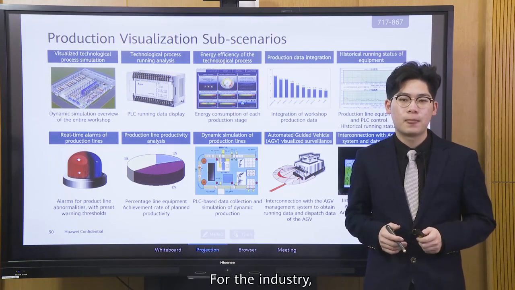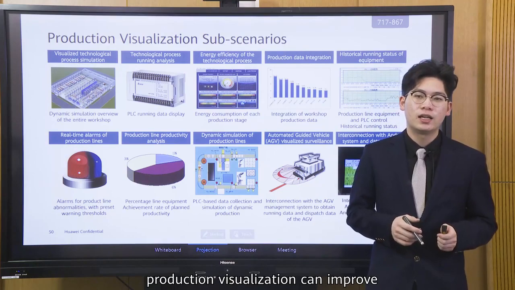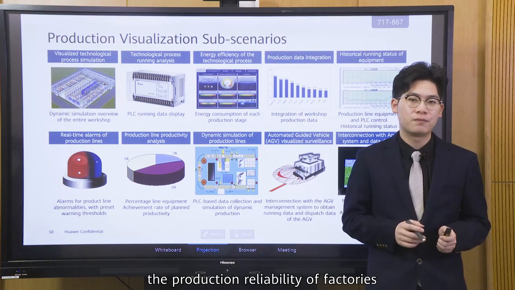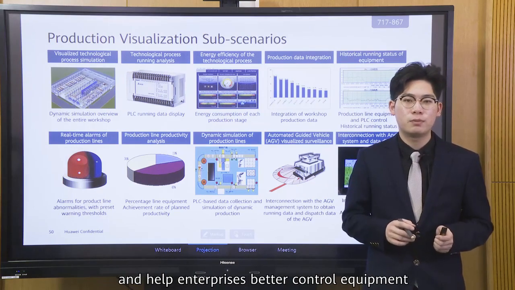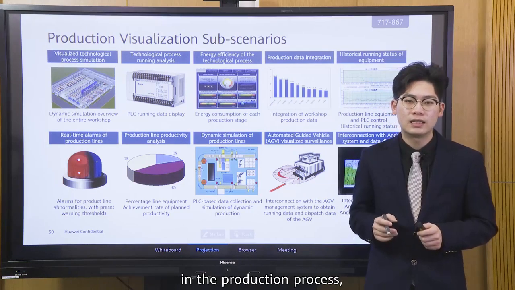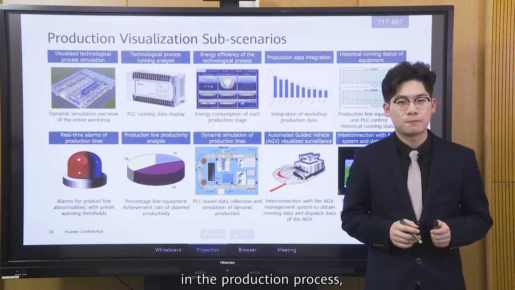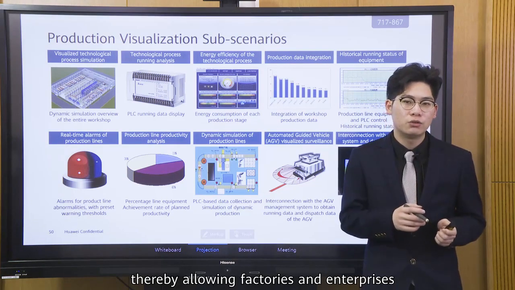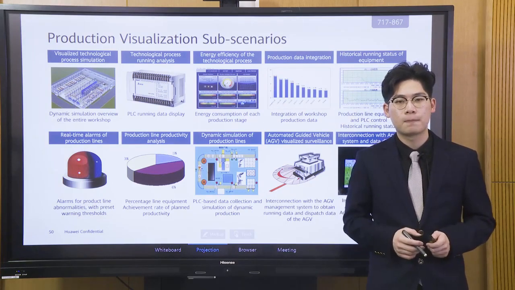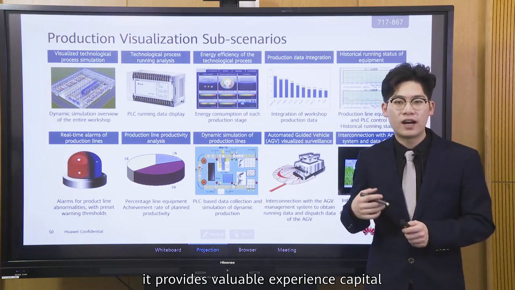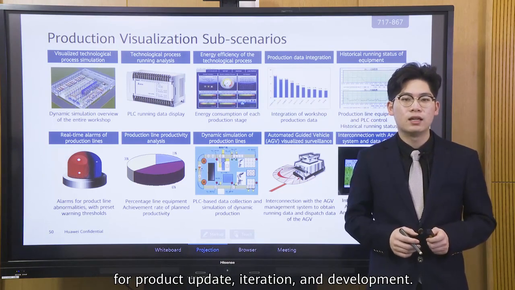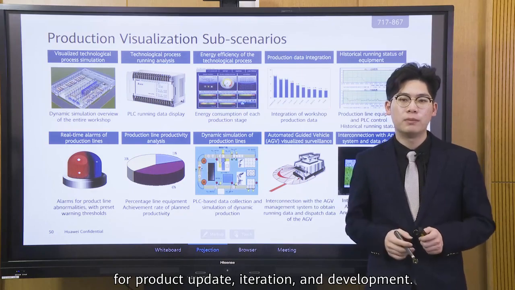For industries, production visualization can improve the production reliability of factories and help enterprises better control equipment in the production process, thereby allowing factories and enterprises to control costs more easily. In addition, it provides valuable experience capital for product update, iteration, and development.